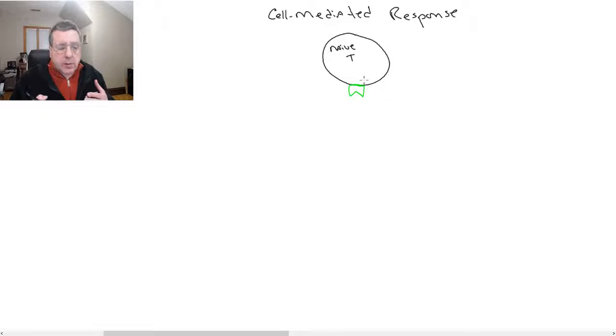At this point, that naive T cell is not able to bind with the antigen. It has to be shown how to bind with it. So, in other words, another cell that is presenting the antigen has to connect with that naive T cell. Specifically, that one is going to be a dendritic cell.